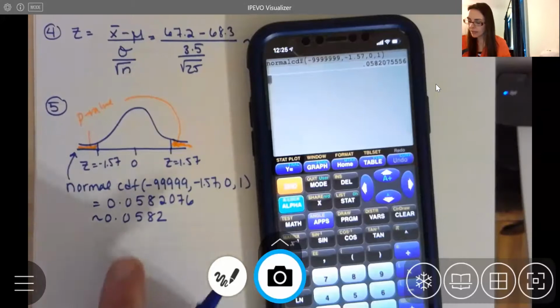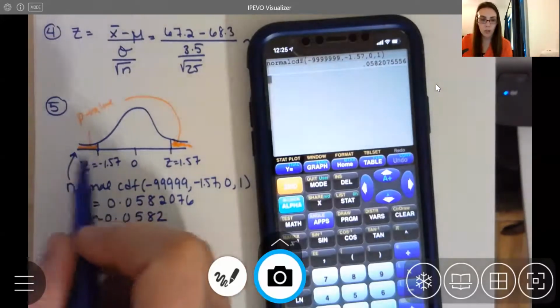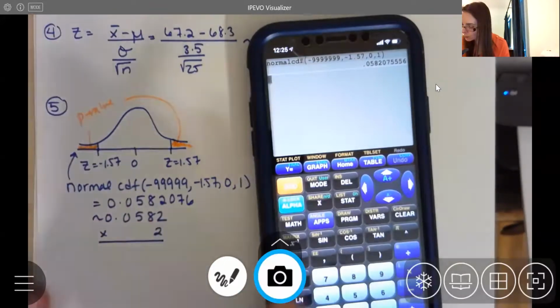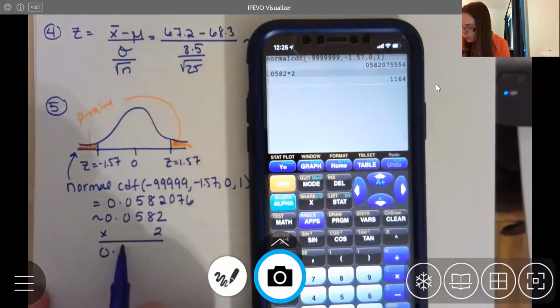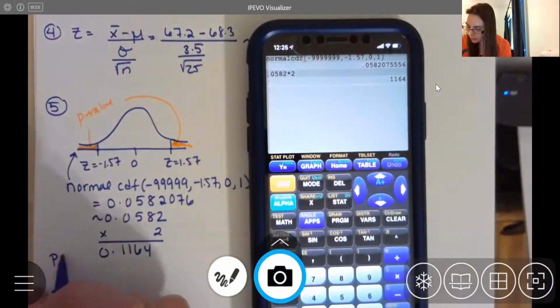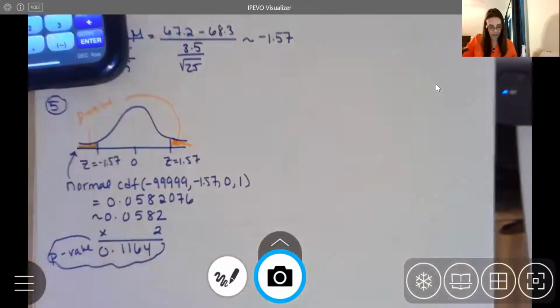Rounding to 4 decimal places, I have 0.0582. Now just remember that it's two-tailed, so you need 2 of these. You multiply this value by 2, and I get about 0.1164. So my p-value here is 0.1164.